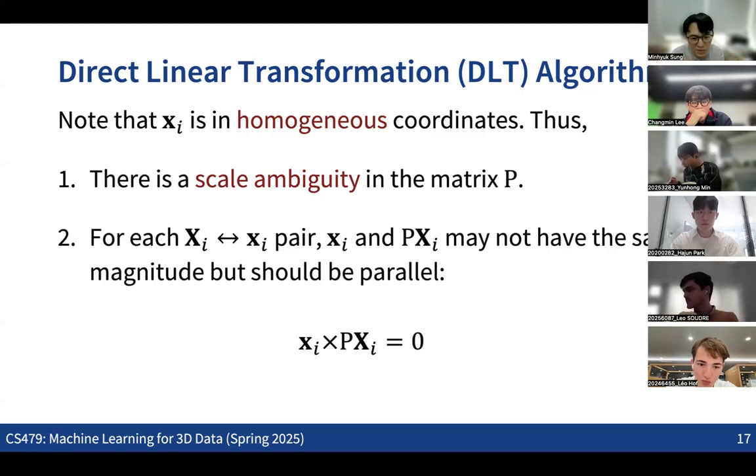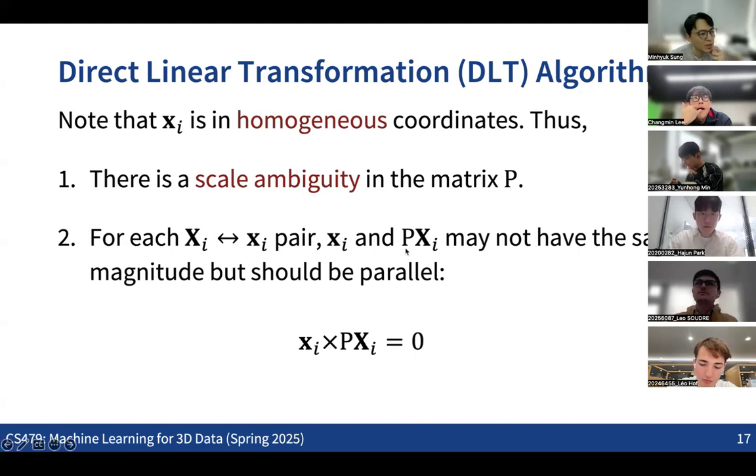So whatever non-zero scalar we multiply to the 2D homogeneous coordinates and the 3D homogeneous coordinates, it does not change the meaning of their position. Which means we can also multiply any scalar to the camera matrix. So there is a scale ambiguity, and we cannot determine the scale of the matrix.